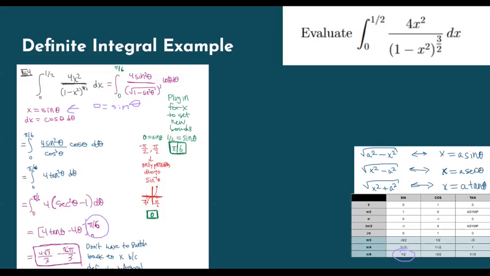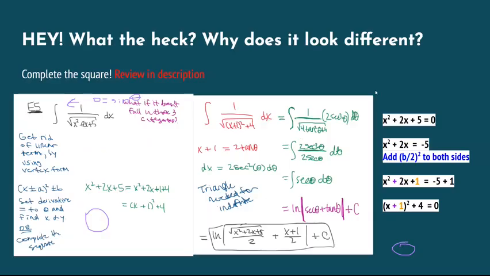Sorry. Root 3 divided by 3. And then 4 times pi over 6 can simplify to 2/3 pi. So once again, you don't have to switch back to x, but since you don't, you have to change your bounds.